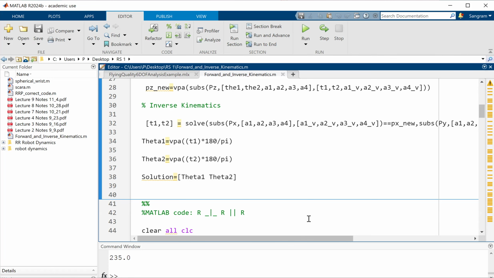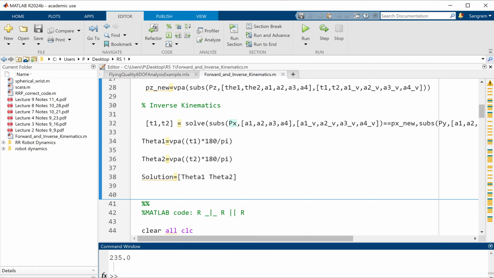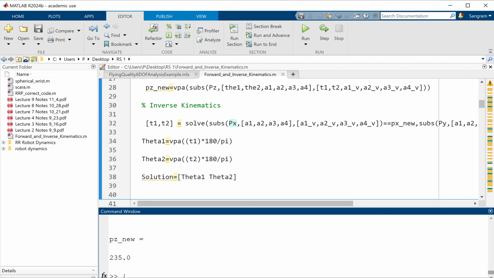First, you have this Px, and I want you for a minute to type Px on the command line. When you type in Px, what do you get?